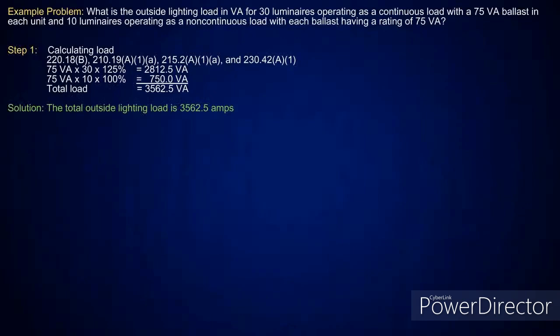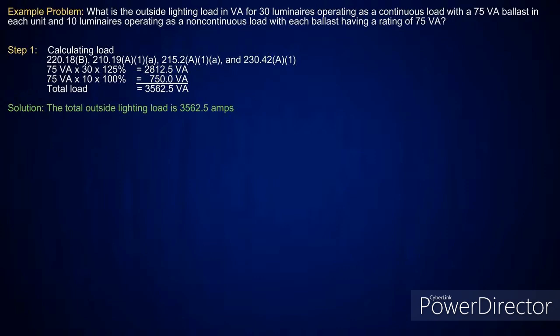All right. Now, the next one we'll look at is your outside lighting loads. We have 30 luminaires operating as a continuous load, because more than likely this is a parking lot, or it could be building lighting. So we know it's going to be on for 3 hours or more, and each unit has a 75 VA ballast.